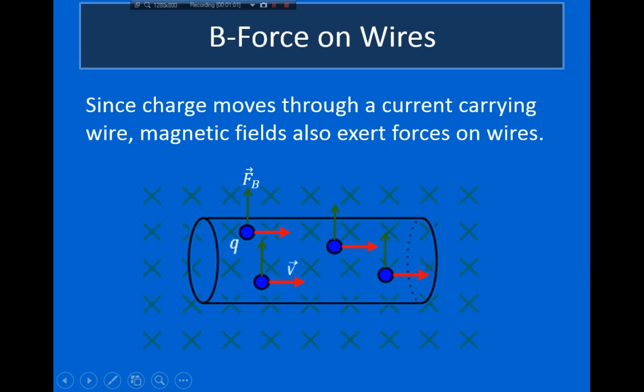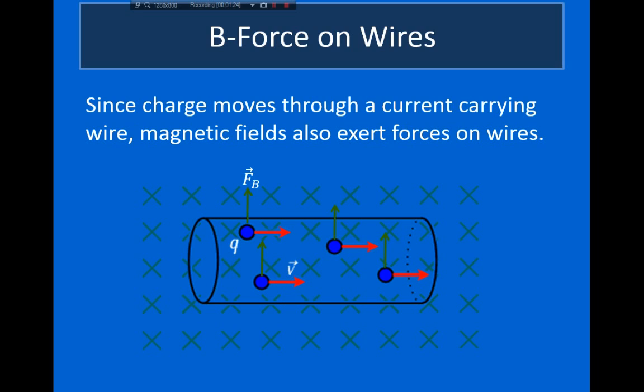Remember that the right-hand rule says that if you orient the fingers on your right hand so that they point in the direction of the velocity, so we want to orient our right hand so that our fingers point towards the right end of the screen, and then you curl your fingers into the direction of the magnetic field. So here, these little X's indicate the direction of the magnetic field. Remember, the X's mean that the magnetic field points into the screen.